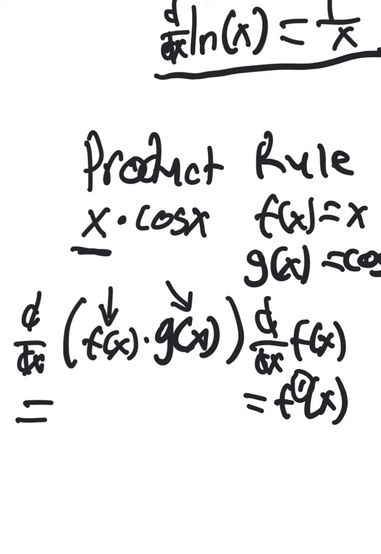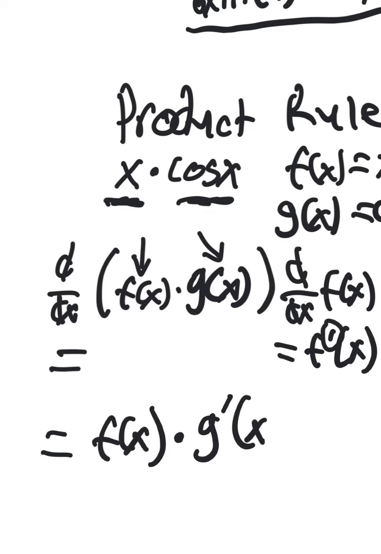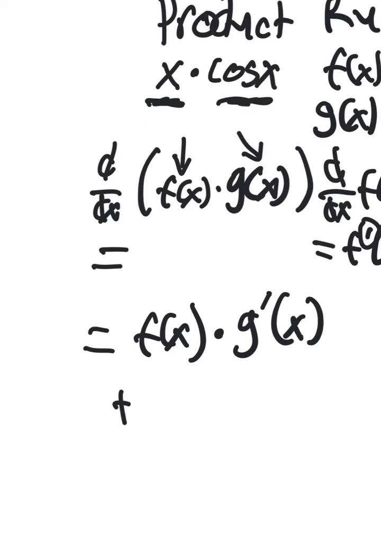So this little prime just means the derivative of. So that's going to show up in this formula. So I'll write another equal sign down here to make it more clear. So the derivative of f of x times g of x, in this case we're doing x times cosine of x, is the left one, f of x, times the derivative of the right, g prime of x, plus the right, g of x times f prime of x.